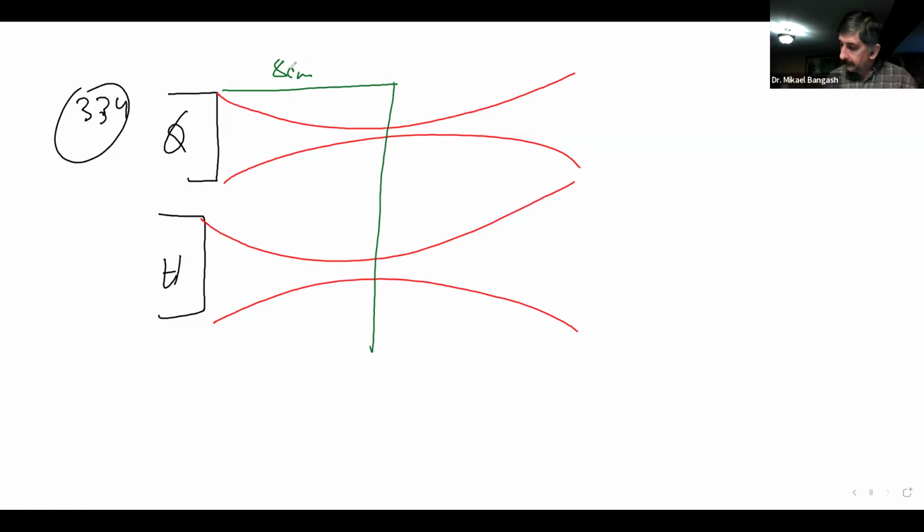Now, the lateral resolution of system Q is 3 millimeters, and the lateral resolution of system H is 5 millimeters.